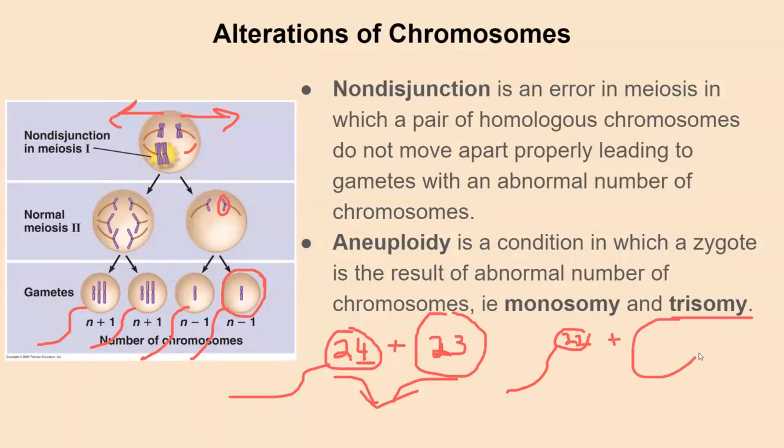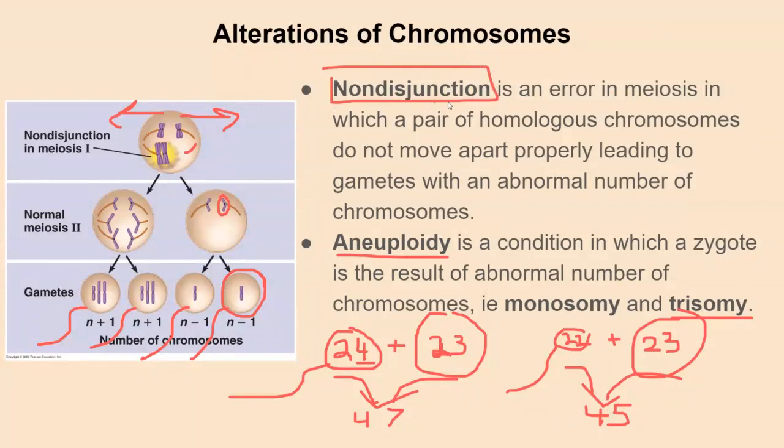And if that joined with a normal egg, then that zygote, instead of having 46, this one would have 47. This one would have 45 chromosomes, which is an aneuploidy, where we have a missing chromosome.